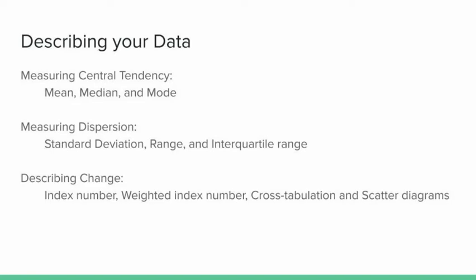With describing change, we have to get the index number, weighted index number, cross tabulation, and scatter diagrams. I believe that these topics are already discussed in the previous videos, especially under statistics presentation.